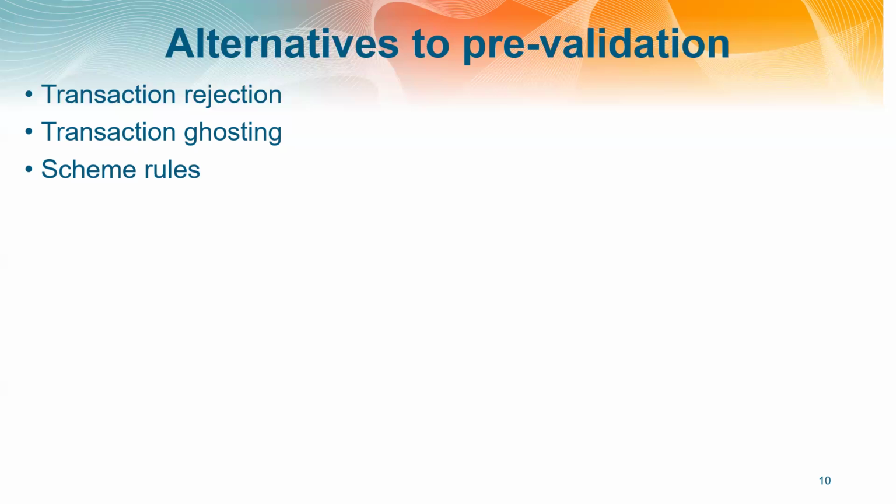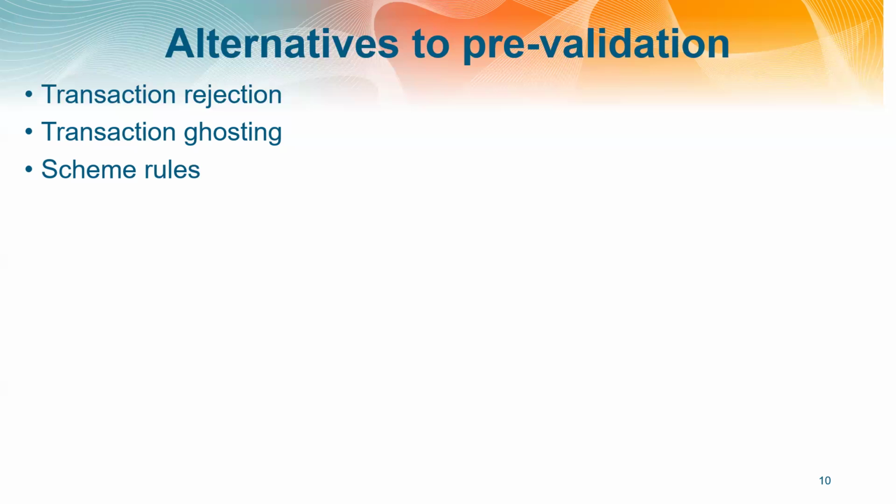Because if we allow requests to be rejected if they don't meet the requirements of the receiving institution, then the sending institution has to be sure to return the funds to its customer and to return them in a timely fashion.